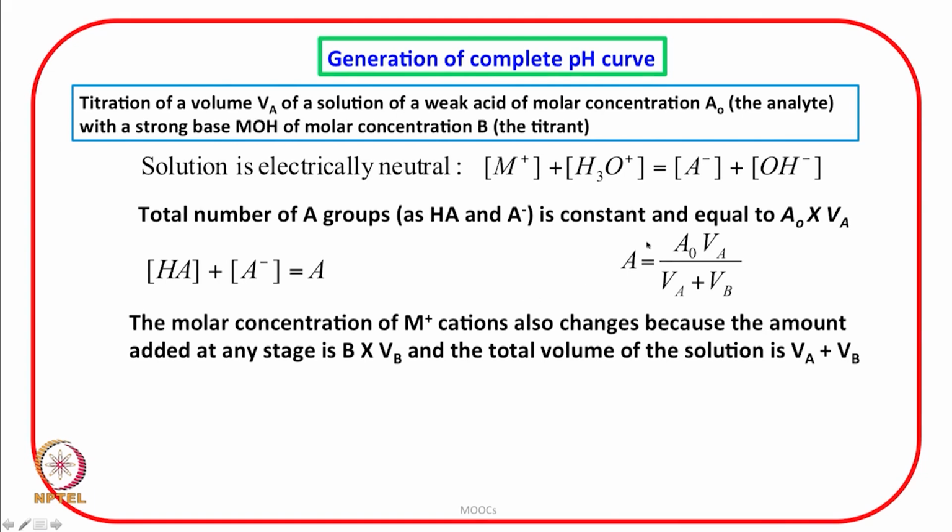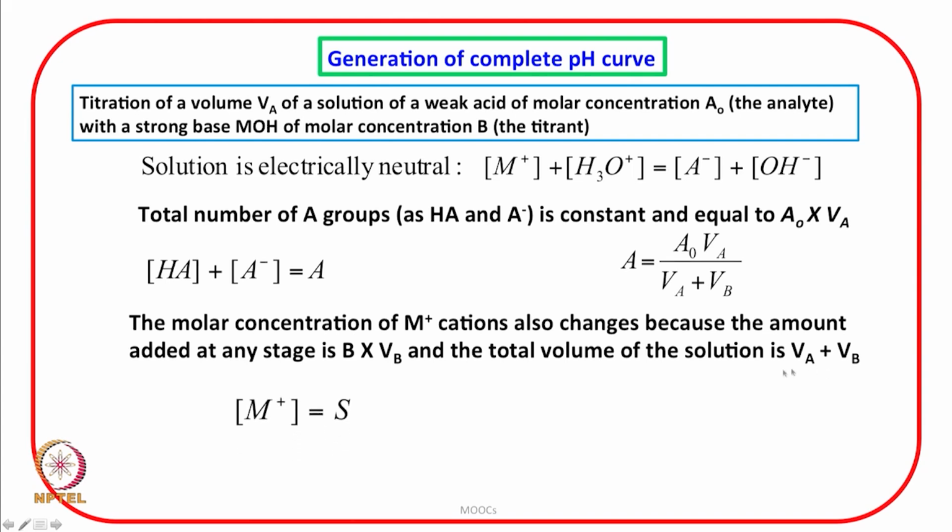If the concentration of the acid changes, the concentration of the M plus cations coming from the alkali, from the base, also changes. And exactly similar calculations can be done, and the amount added at any stage is B times VB, and the total volume of solution, as I just discussed, is VA plus VB.